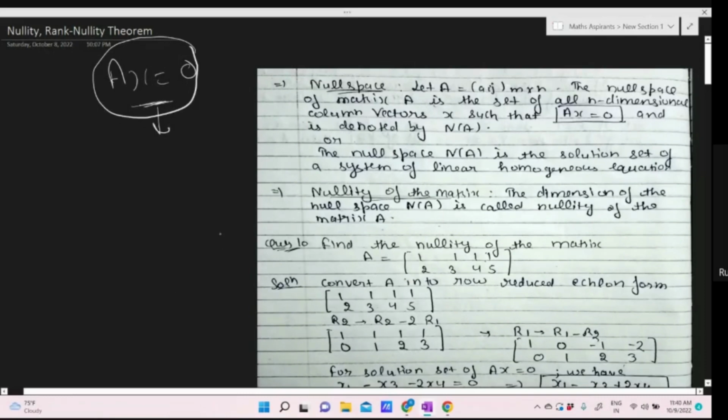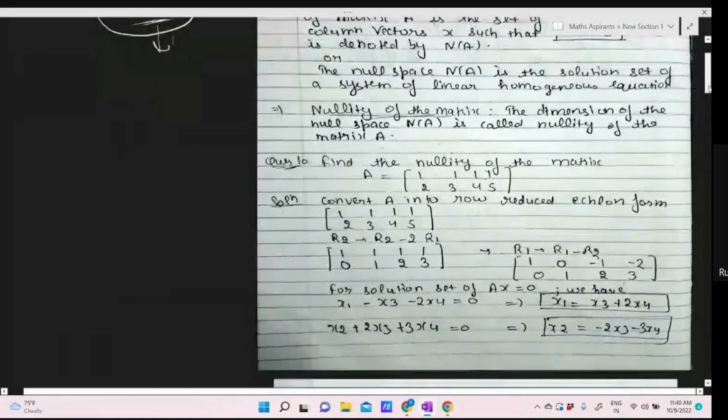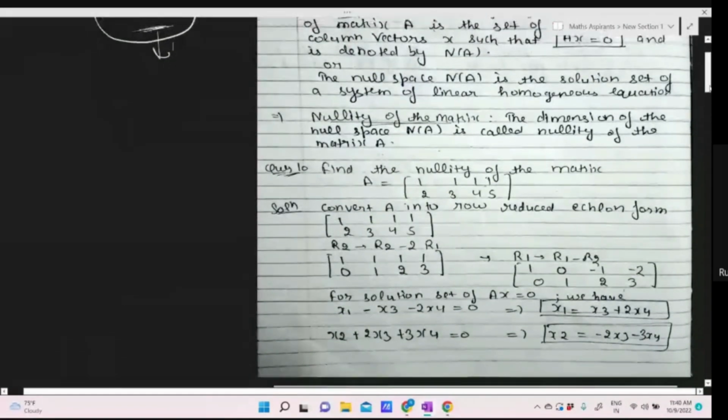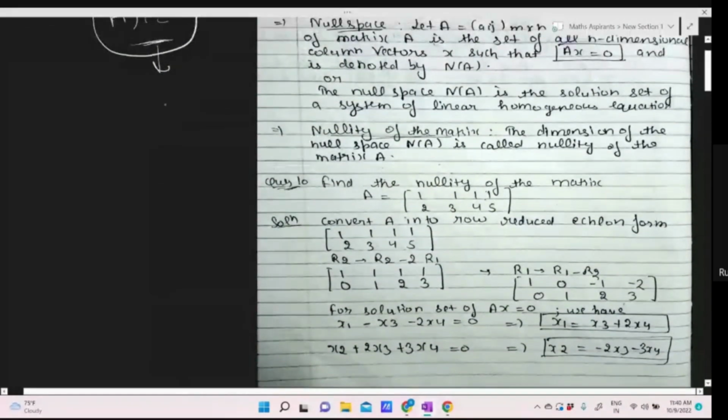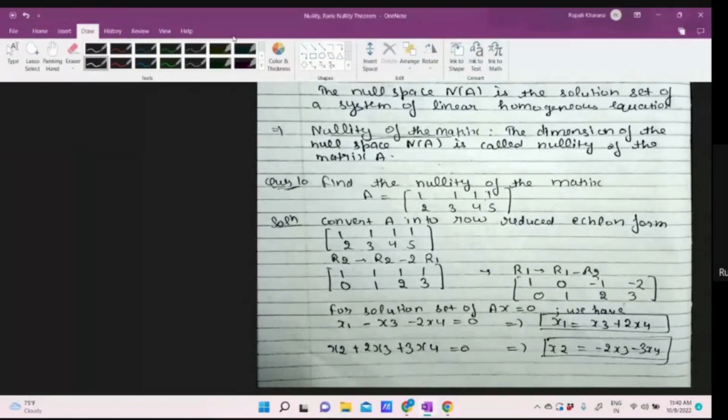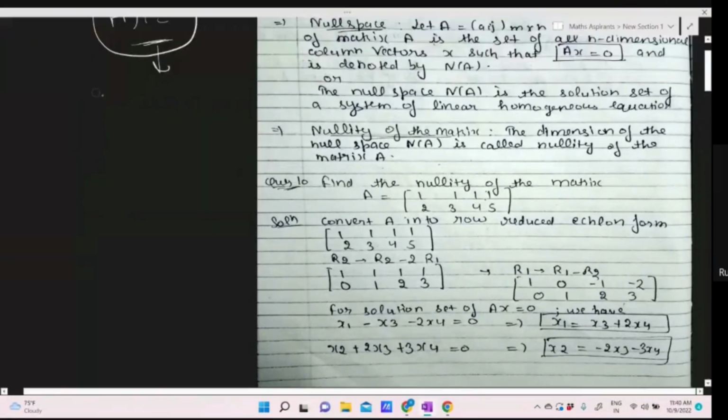Let us take an example. A is equal to 1, 1, 4, 5, 2, 3, 4, 5. Firstly, we will convert A into the row echelon form. Then we will get this matrix. After applying the row reduced echelon form, we will reduce to this matrix.